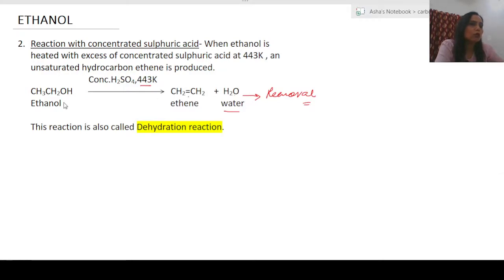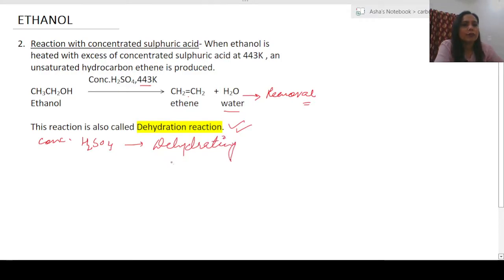So a molecule of water is lost from ethanol. Since a molecule of water is lost, this reaction is also called a dehydration reaction, and the concentrated H2SO4 is called a dehydrating agent.